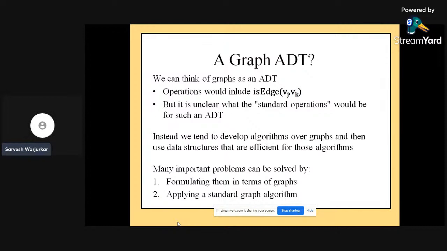Many important problems can be solved by formulating them in terms of a graph and applying a standard graph algorithm. There are various algorithms that are completely based on graphs.